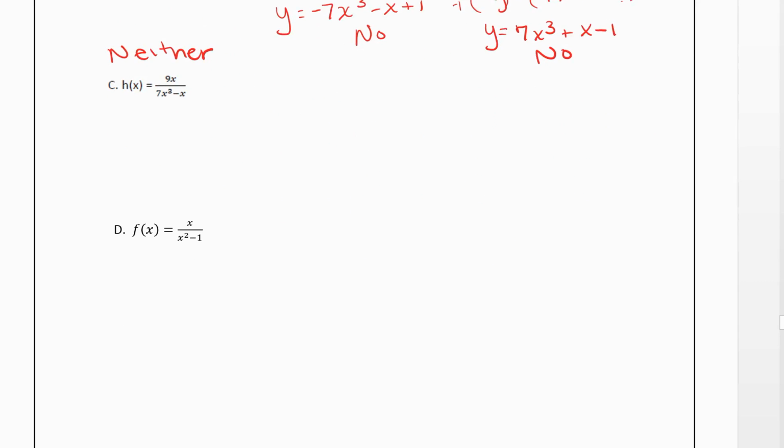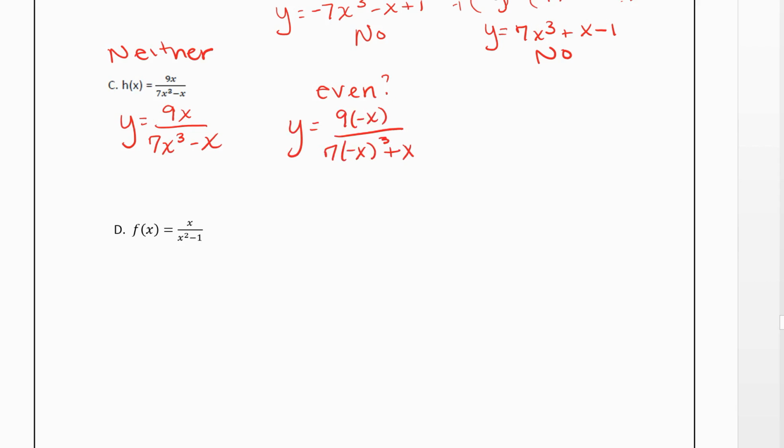Okay, for C, we've got 9x over 7x cubed minus x. So we can replace the h of x with a y. Okay, so let's first check if it's even. So we're just going to replace x with negative x. So we'll have y equals 9 times negative x over 7 negative x cubed minus a negative x becomes plus x.